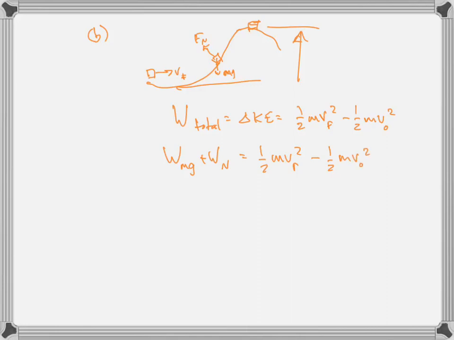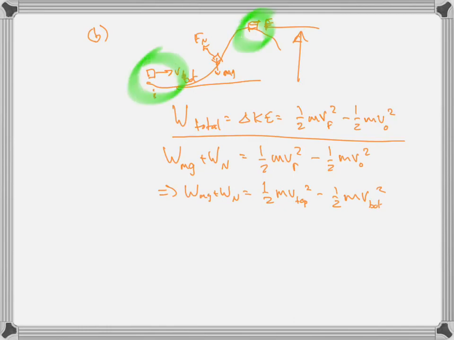This is the initial and this is the final, and the final is at the top now, so we should call these v top and v bottom. So the work done by gravity plus the work done by the normal force is equal to 1/2 m v top squared minus 1/2 m v bottom squared, going from the bottom to the top.